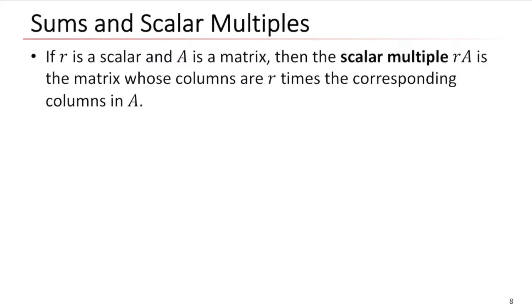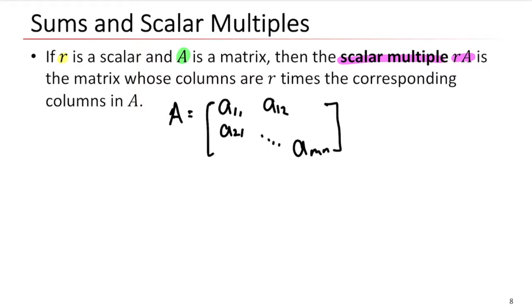There's one more operation, the scalar multiplication. Let's say R is a scalar value and A is a matrix. Then the scalar multiple R times matrix A is the matrix whose columns are R times the corresponding columns in A. What does it mean? Let's say there is a matrix A with entries A11, A12, A21 and so on up to Amn, and there is a scalar value R here.